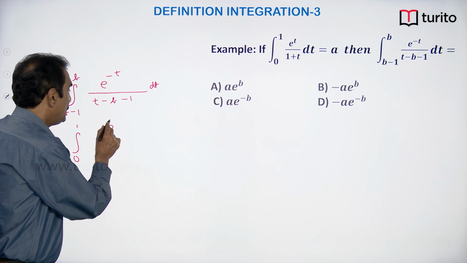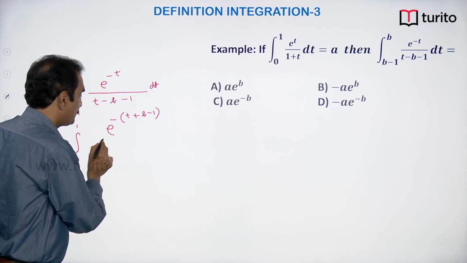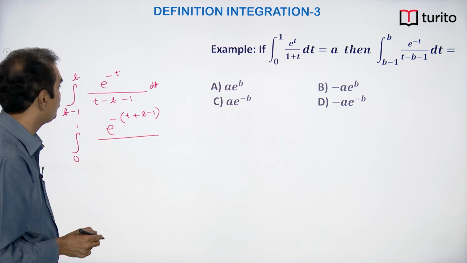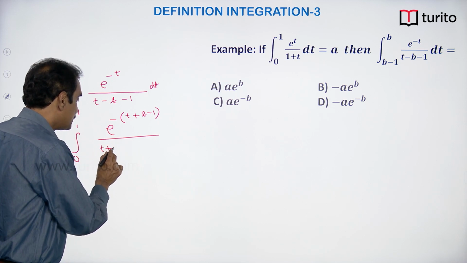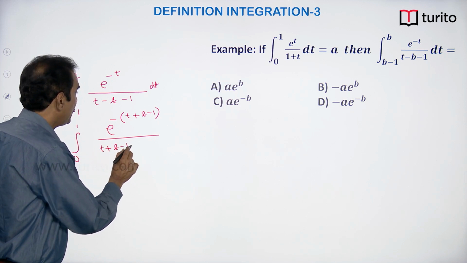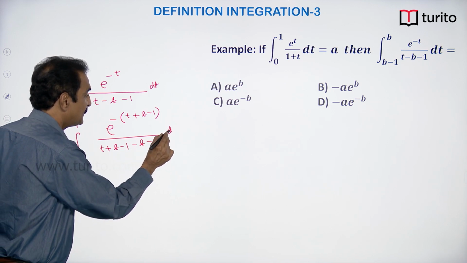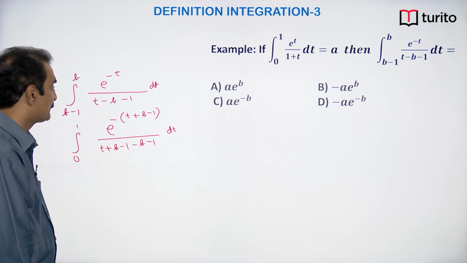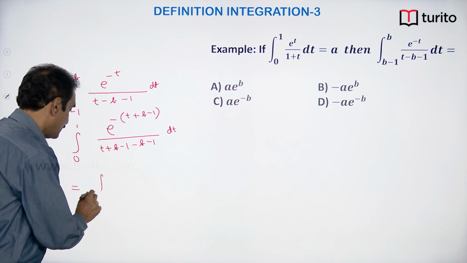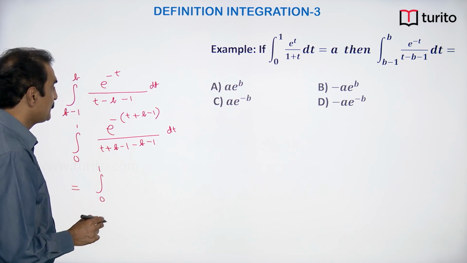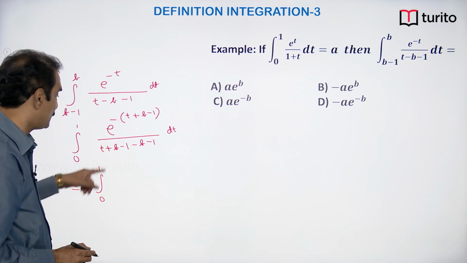So e power minus of t plus b minus 1 by, here also t plus b minus 1 minus b minus 1 dt. Okay. Then you will get integral 0 to 1. You can take out e power minus of b minus 1.